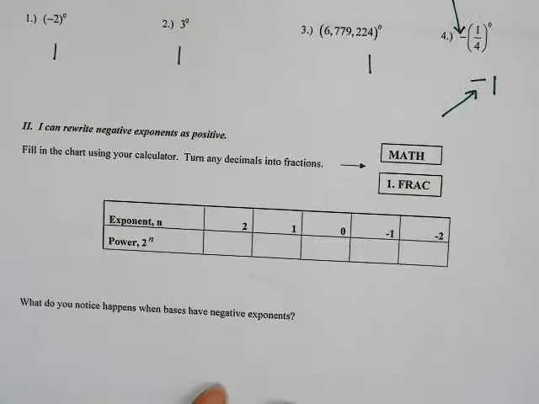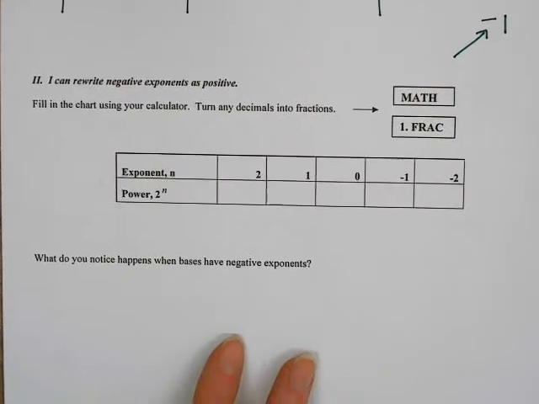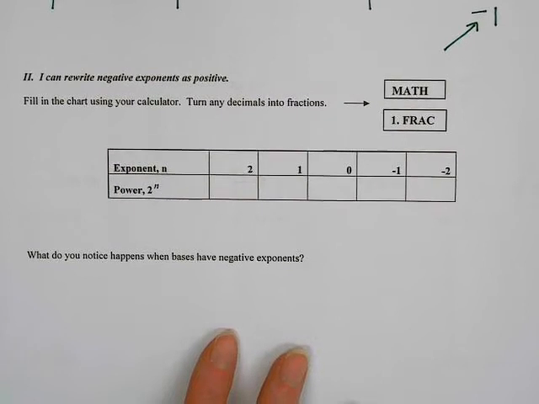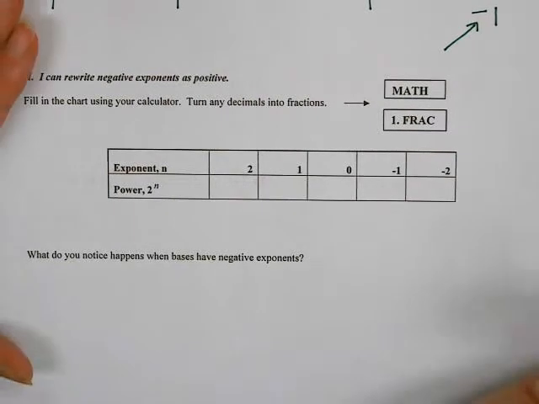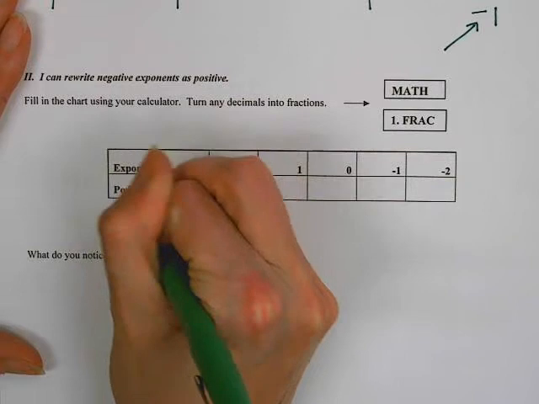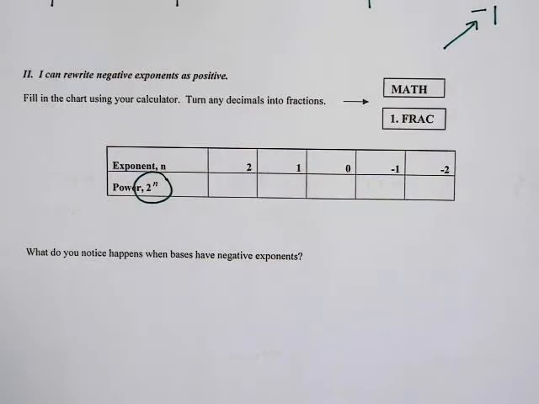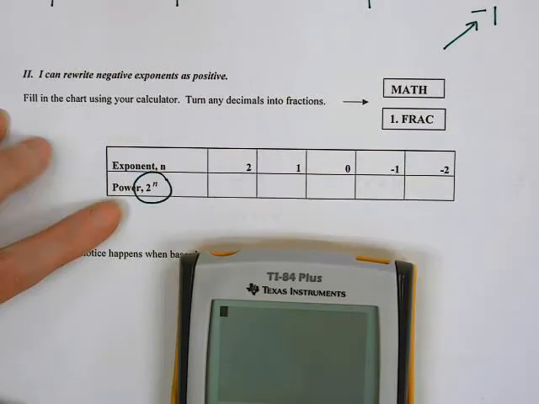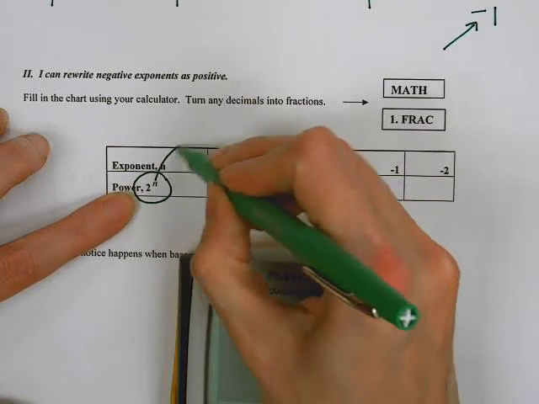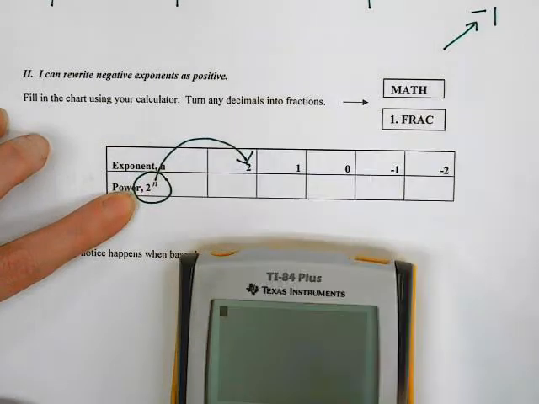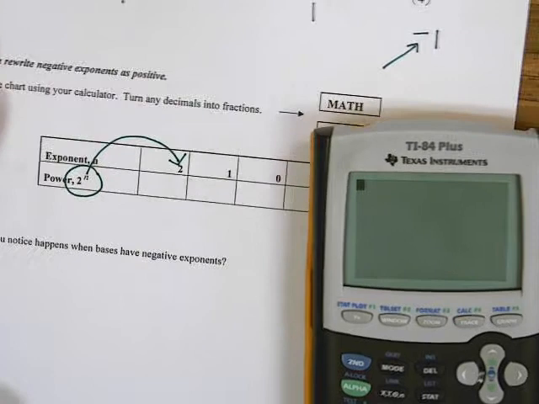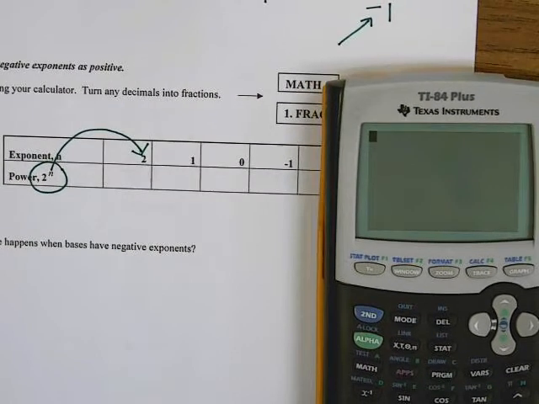Okay, now on to negative exponents. And here I need you guys to do a little bit of work too. All right, so here's what we're typing in the calculator. So everybody do, what's 2 to the second power? And let me slide this over here.